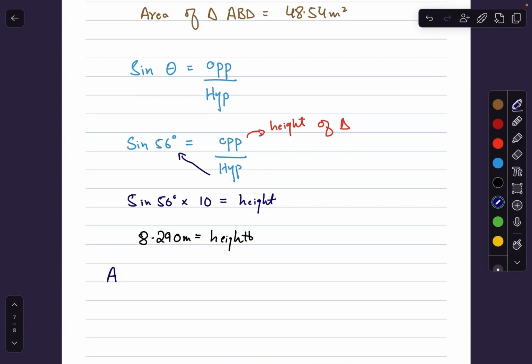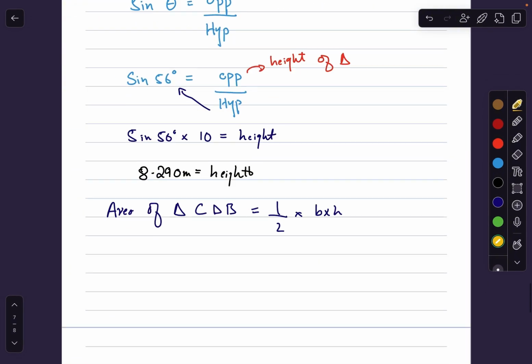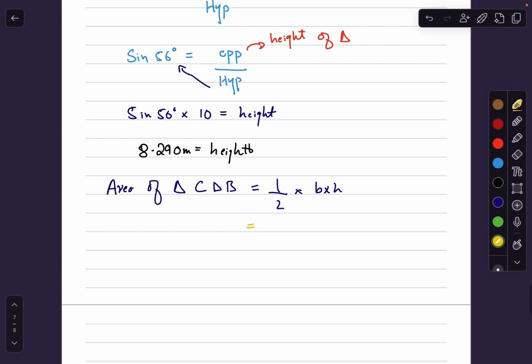The area of triangle CDB, we know, is half times base times height. If you look at the triangle above, the base here is already 12 and the height we have already figured out just now by using the trigonometric ratio.